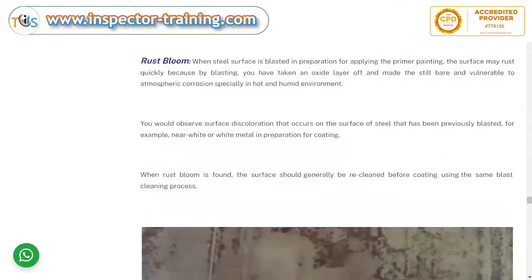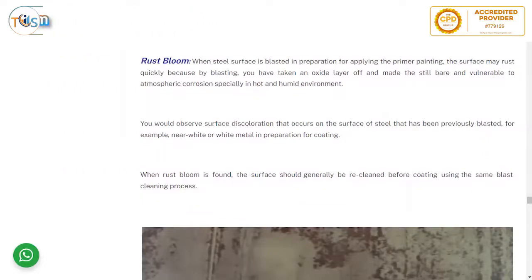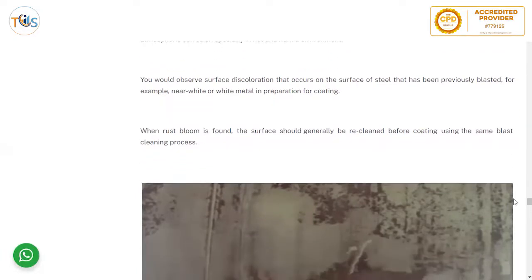Bloom, when steel surface is blasted in preparation for applying the primer painting, or the first coat, the surface may rust quickly because by blasting, you have taken an oxide layer off and made the steel bare and vulnerable to atmospheric corrosion, especially in hot and humid environment.